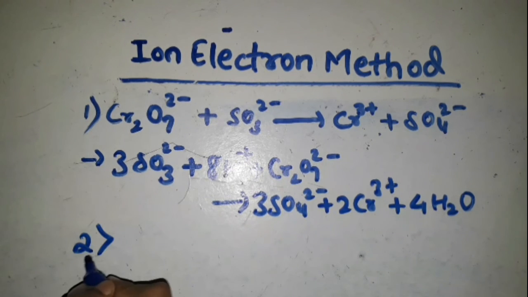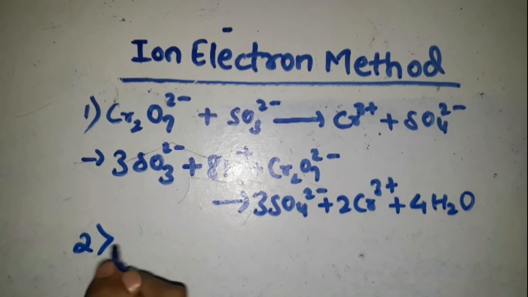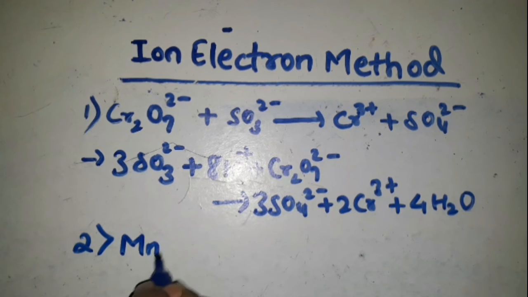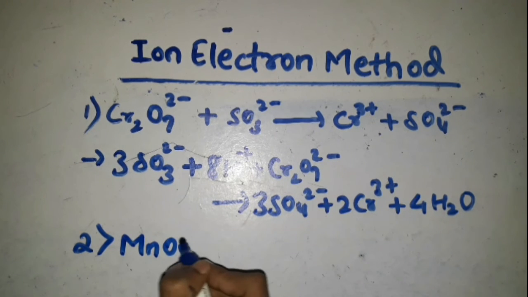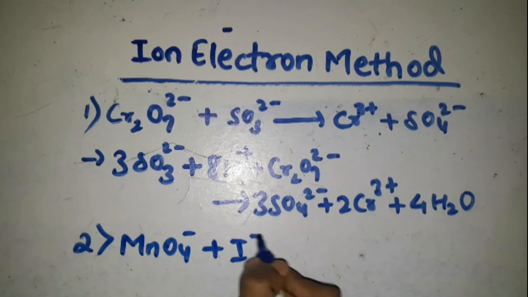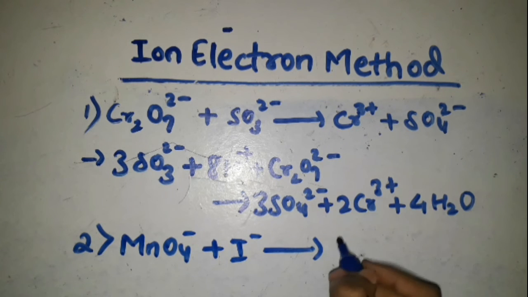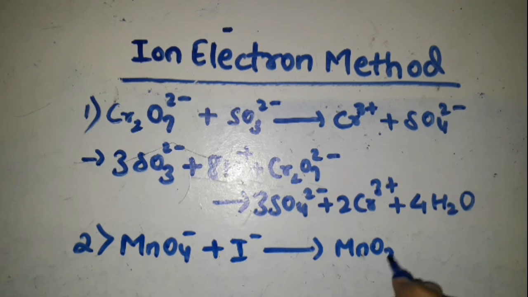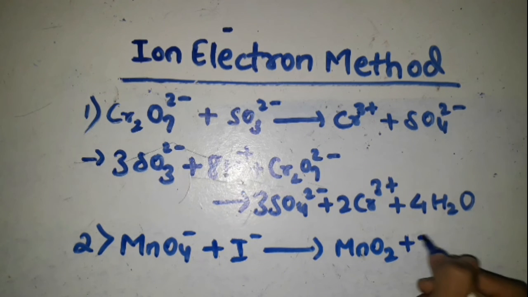Another question we can have is MnO4 minus plus I minus, which gives MnO2 plus I2.